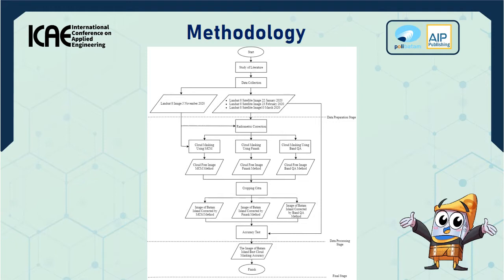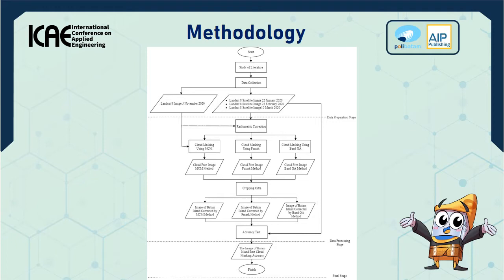Next, data collection. Data collection produces LANDSAT 8 satellite image 22 January 2020, LANDSAT 8 satellite image 23 February 2020, LANDSAT 8 satellite image 10 March 2020, and LANDSAT 8 image 5 November 2020. Next process, radiometric correction.